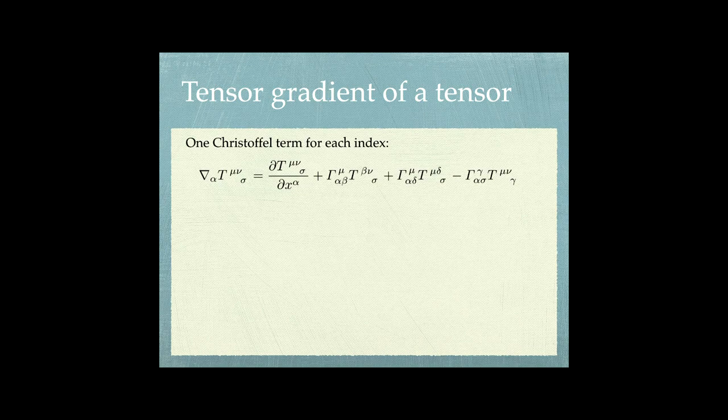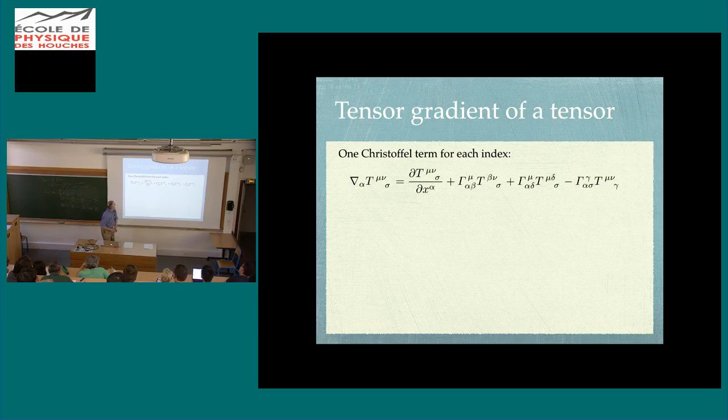Okay, and so for a general tensor transformation, if you're going to take a gradient of a general tensor, you take the partial derivative of the tensor, and then you correct each index in turn for the changes in the basis vectors.